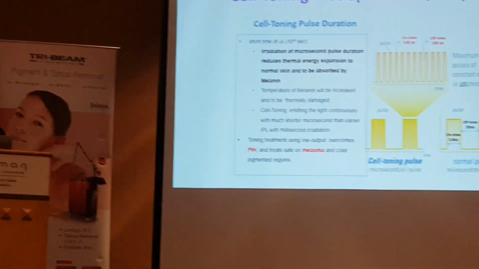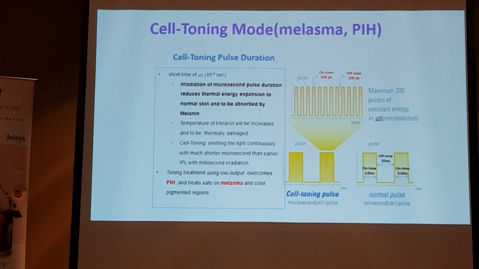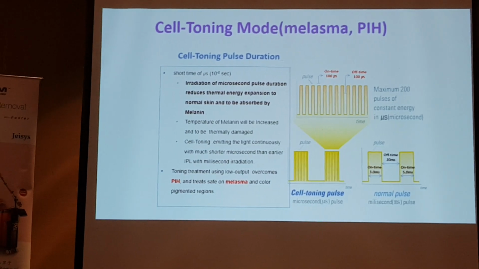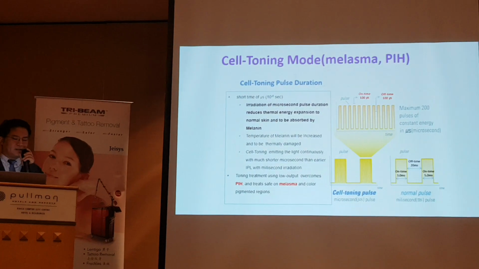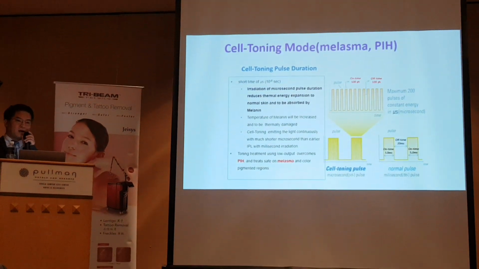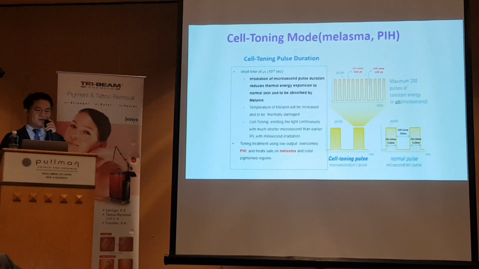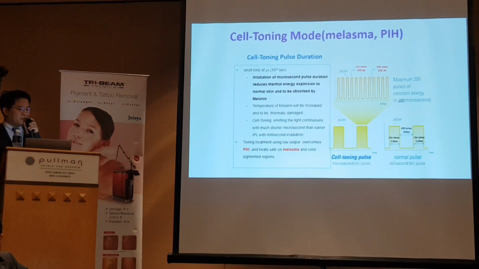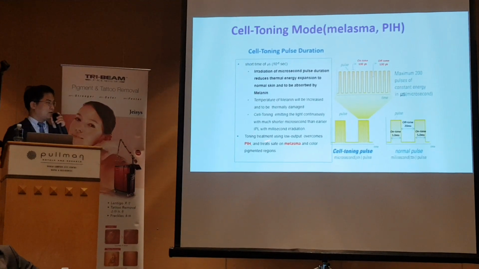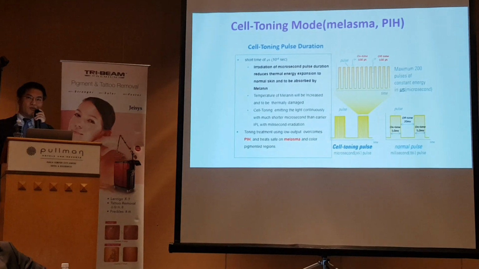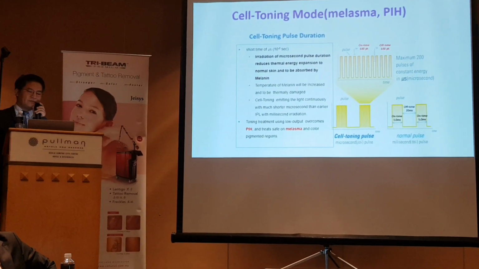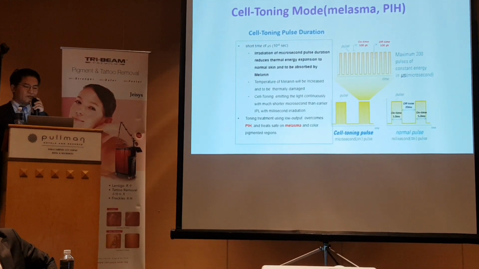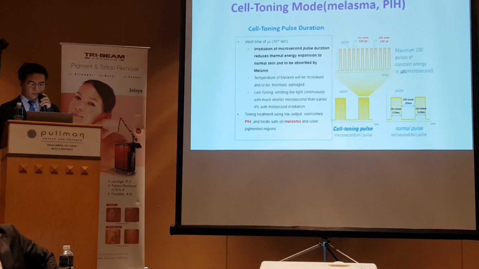Irradiation of microsecond pulse duration reduces thermal energy expansion to normal skin and is absorbed by melanin. The temperature of melanin will increase and be thermally damaged. Toning treatment using low output overcomes PIH and treats melasma and pigmented regions safely.